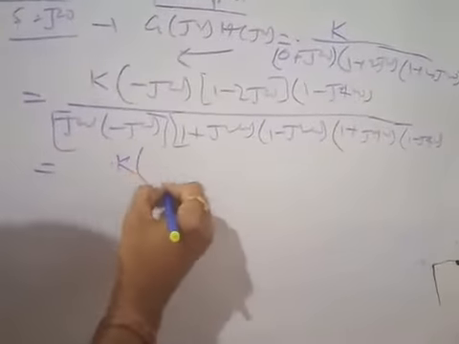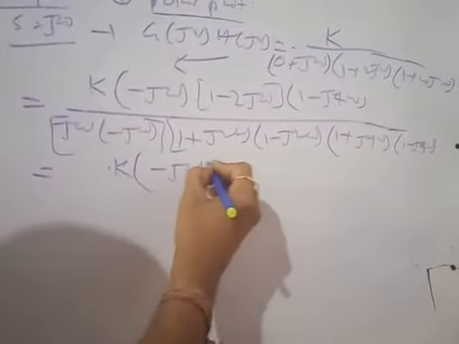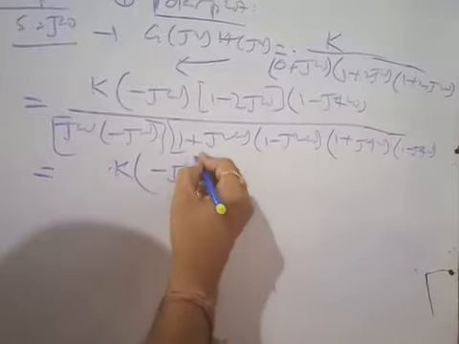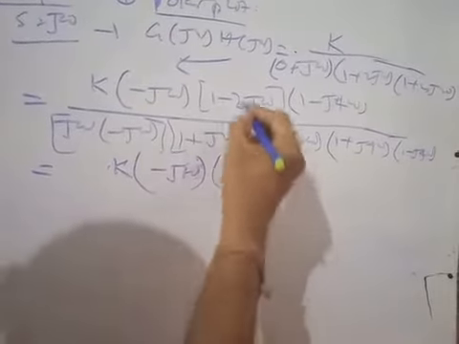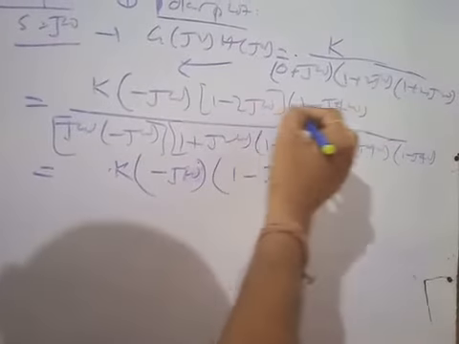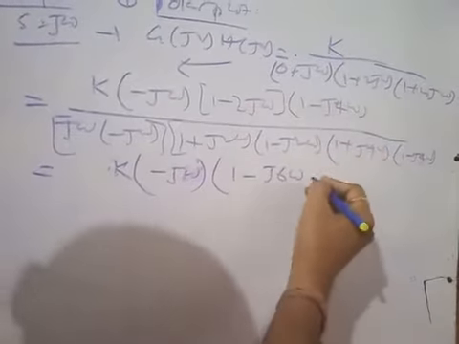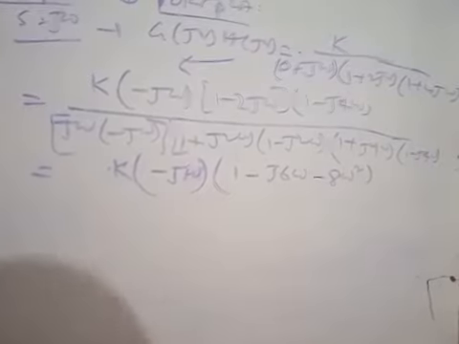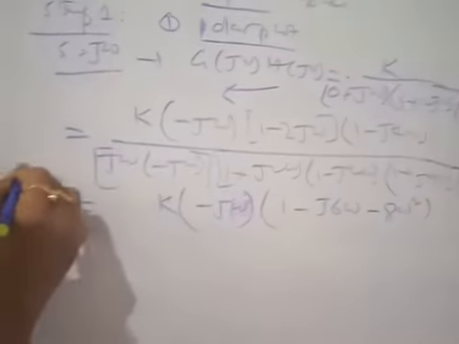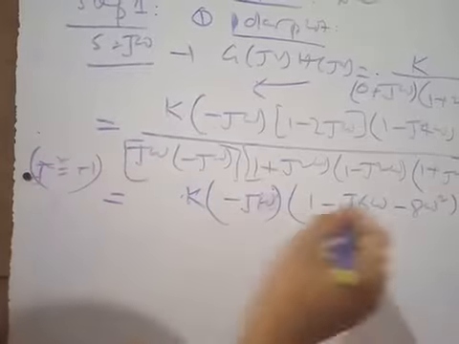So what you will get, this is minus j omega into 1 minus j 6 omega, this is plus 8 minus 8 omega square, j square equal to minus 1, you know that. So you get like this.